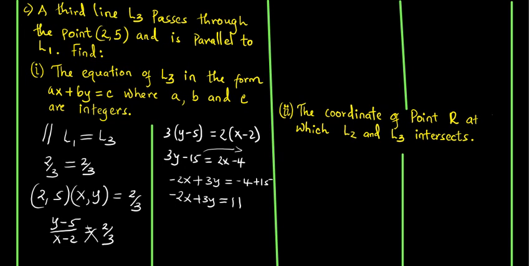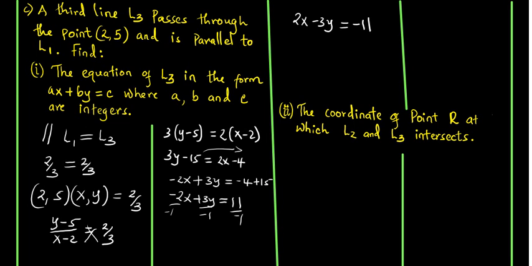We divide all the sides by negative 2. To remove the negative sign, you should just divide by negative 1 throughout. And the answer we get should be 2x minus 3y equals negative 11.